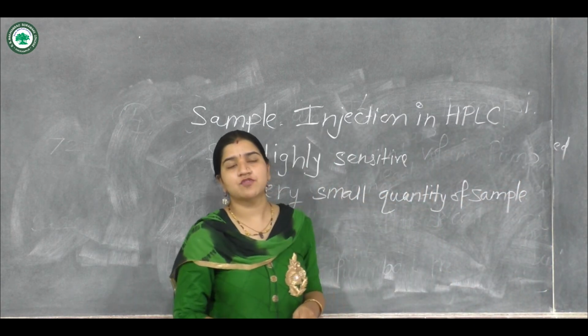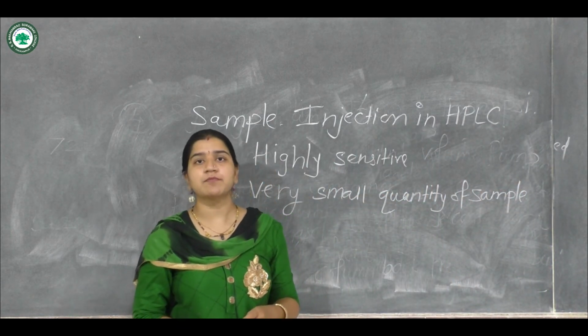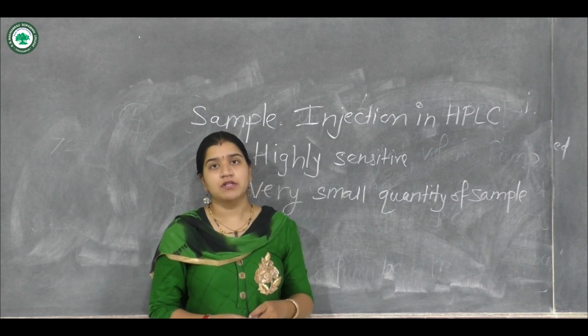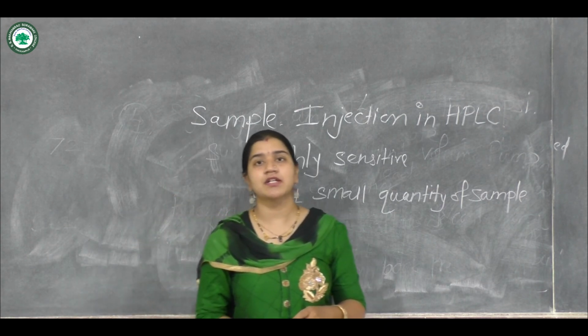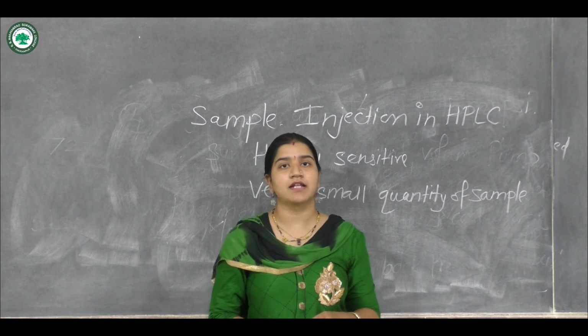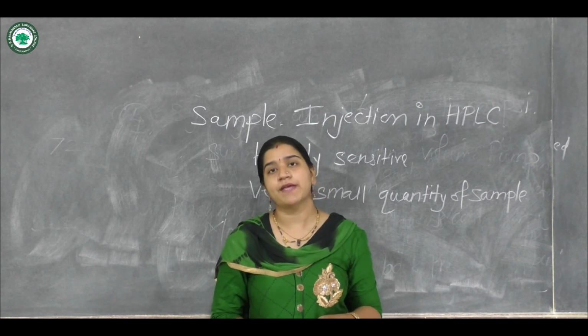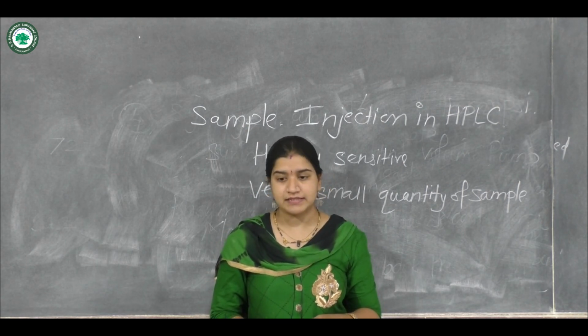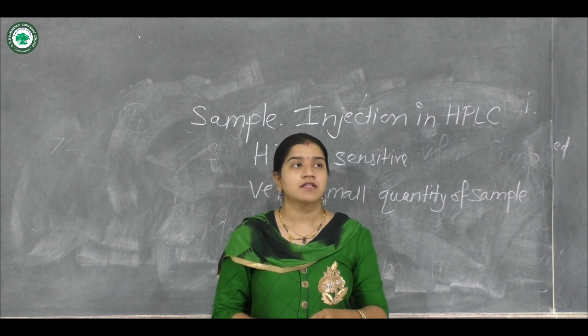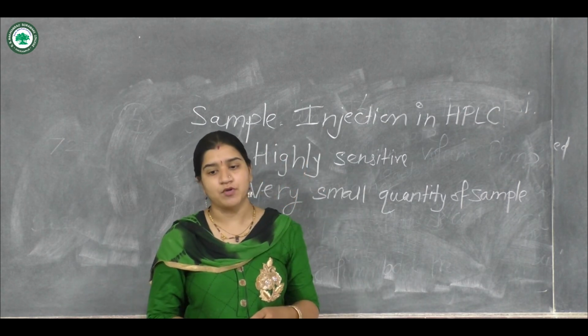The sample which we are using in HPLC must be highly pure. The samples commercially available for HPLC analysis, we call them HPLC grade solvents or HPLC grade mobile phases. Now the sample should be extra pure.